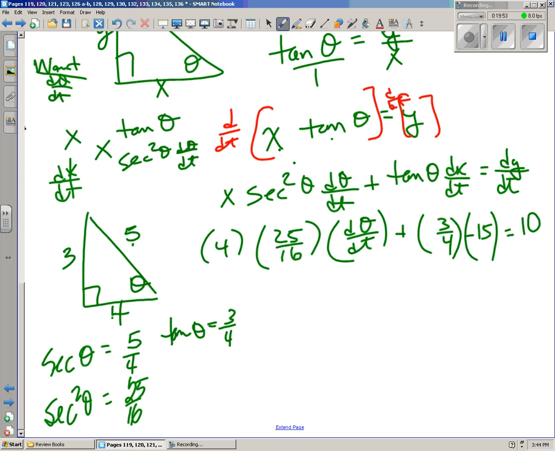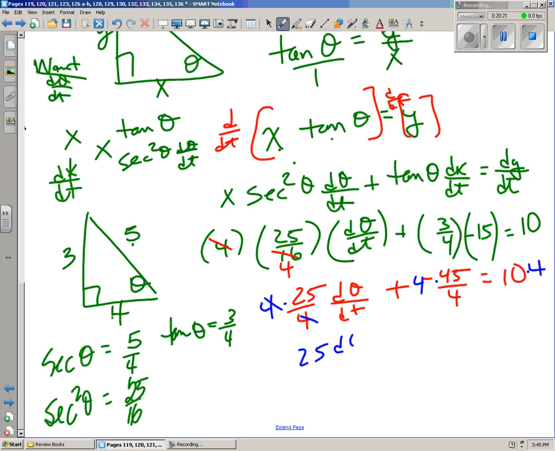Now, this is a little messy, I agree, but life's messy sometimes. So 4 over 16, we have a 4 in the bottom here. So 25 over 4 d theta over dt plus negative 45 over 4 equals 10. If you want to kill the 4's, we can multiply the entire equation by 4. So we get 25 d theta over dt minus 45 equals 40.